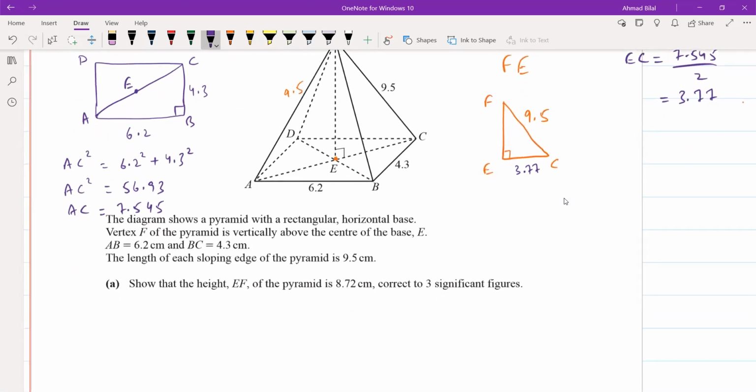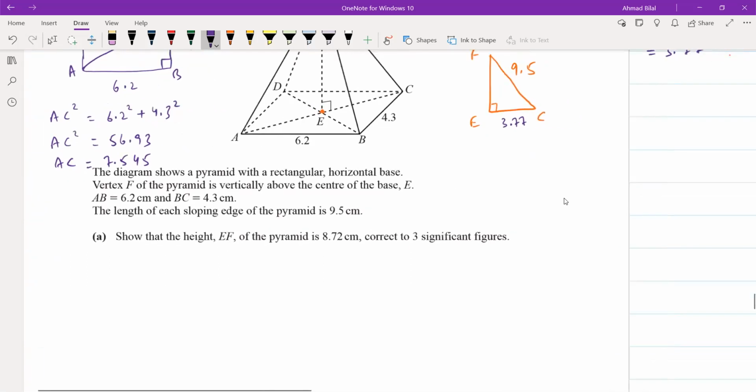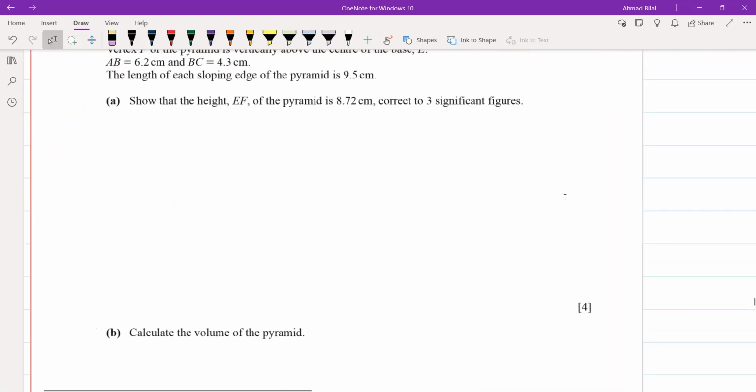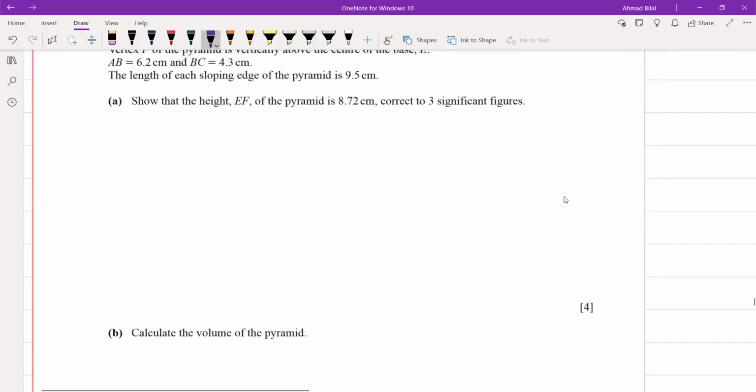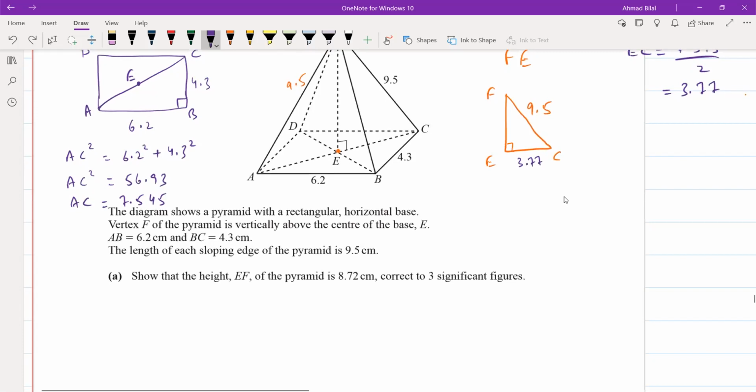ठीक है? या working force नीचे यहाँ पे show करोगे. मुझे अगर मैं नीचे जाता तो मुझे वो figure ऊपर नजर नहीं आ रही थी. That's why I just did that there. You should of course do it in the space that is provided here. यहाँ पे हमारे पास EC आ गया. So now EF therefore is going to be calculated using Pythagoras. You say EF का square plus 3.77 का square is going to be equal to 9.5 का square. Right?